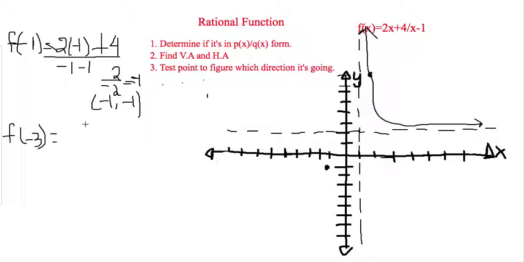So it's 2 times -3 plus 4, all over -3 minus 1.